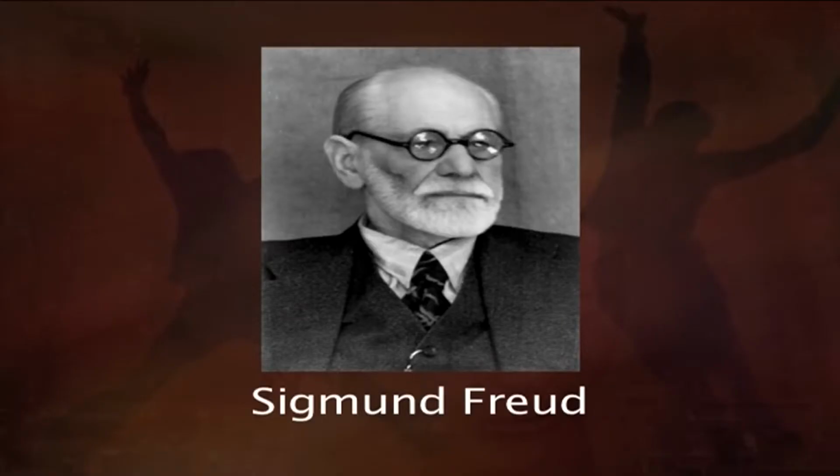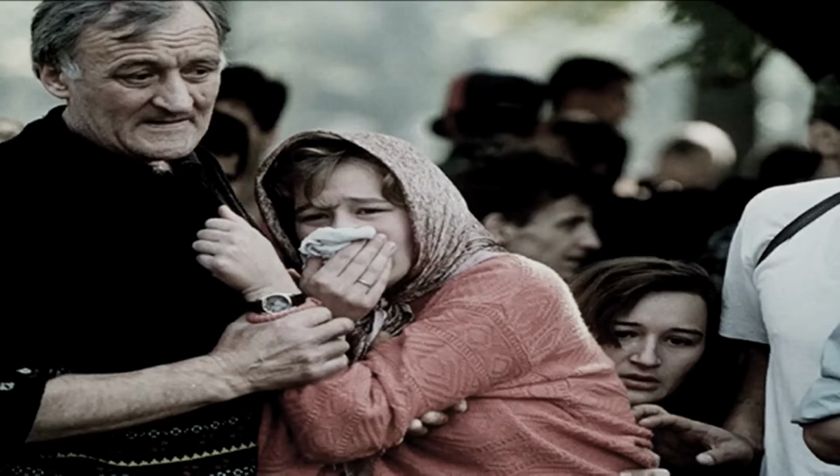Now, let us go deeper and try to understand the theoretical perspectives of grieving. Freud, the psychoanalyst, has his theory of grieving, saying that when a person has lost someone who is dear to them, this person will try to be ego defensive.